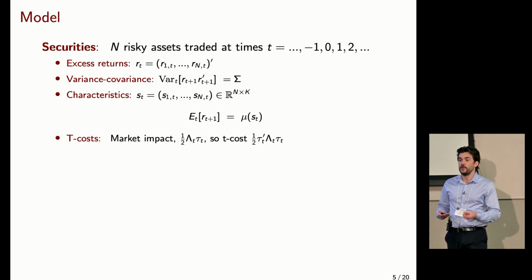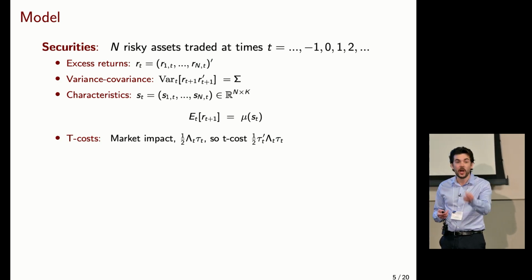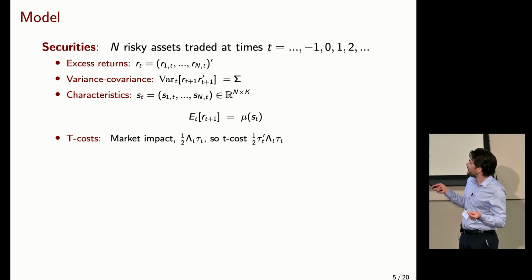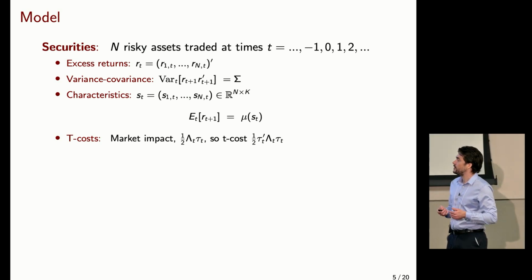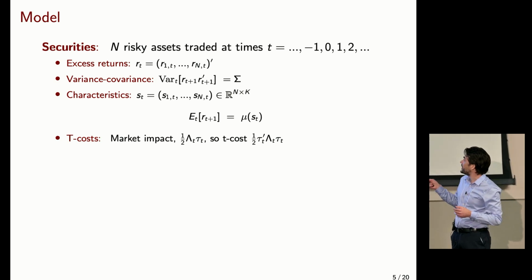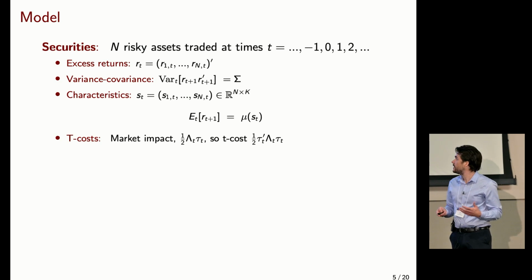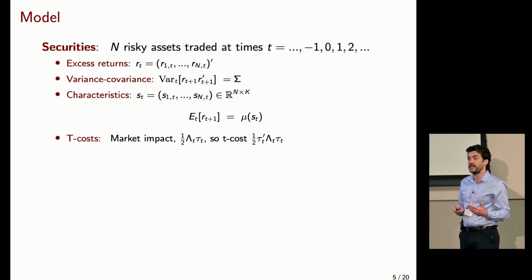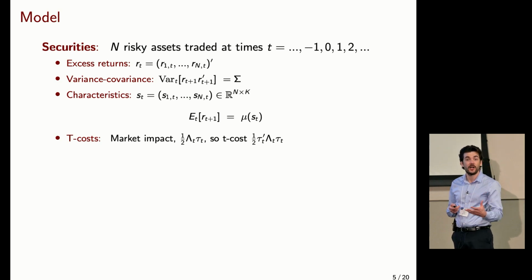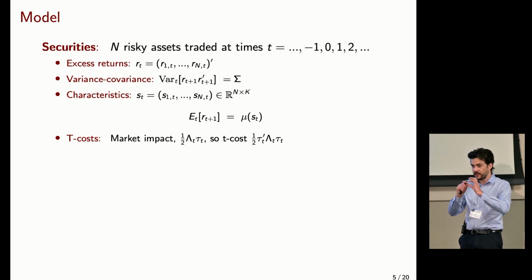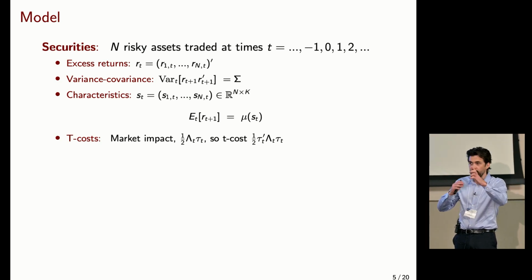In terms of trading cost, we assume that the investor has market impact every time they trade. For a given trade, this vector tau, the market impact you'll have on a single share is determined by this trading cost matrix lambda. As a result, your total trading cost will be quadratic in the dollar amount traded. We can think about your trade moving the price of a single stock in a linear fashion.